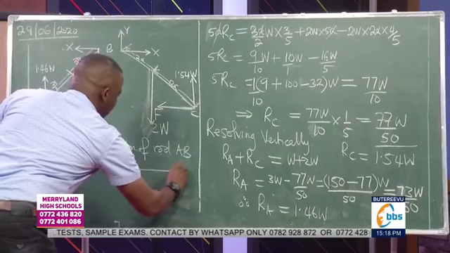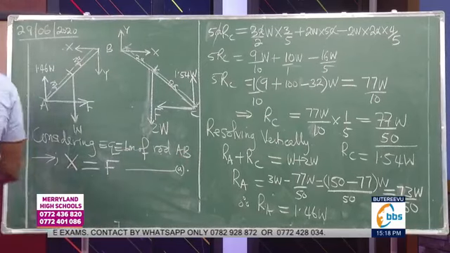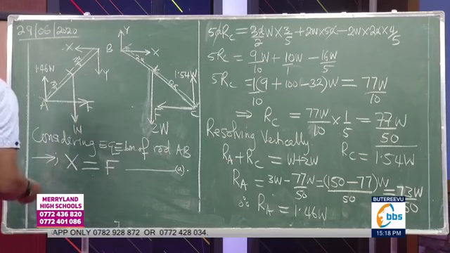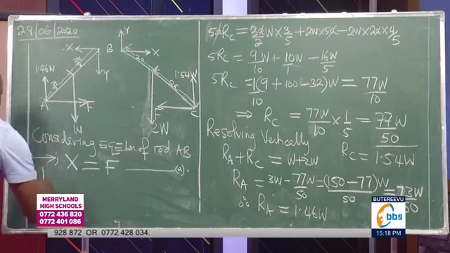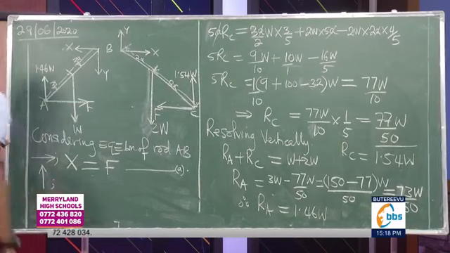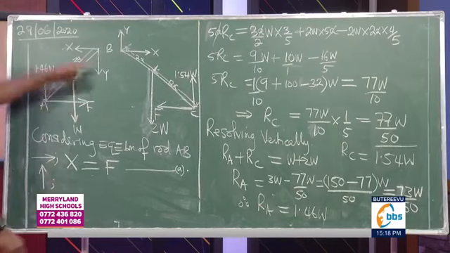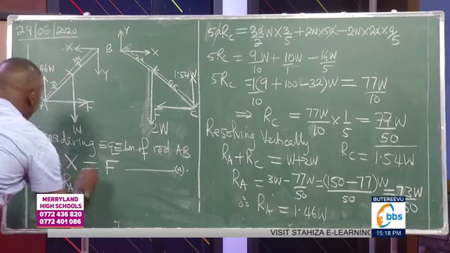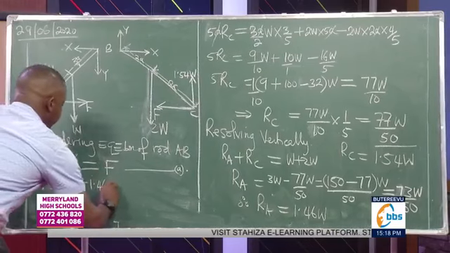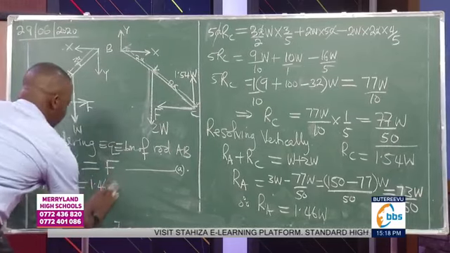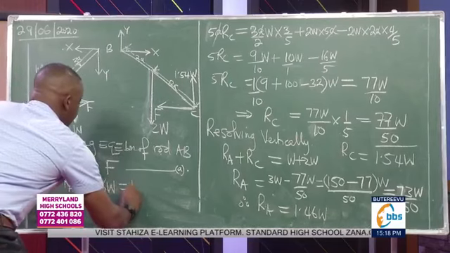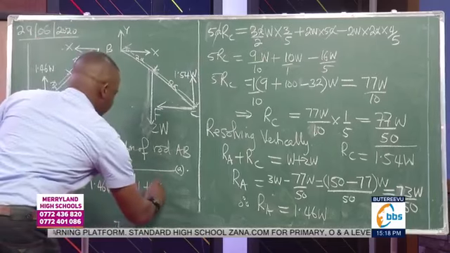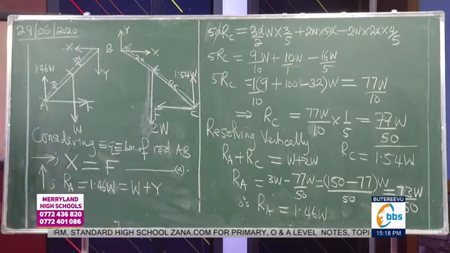And I will call that equation A. My X is equal to F, and we have not yet got F. Vertically, resolving vertically, it implies that I have my RA, whose value we know, 1.46 W, will be equal to the value of W, which is this weight, plus the value of Y, because Y is going down.